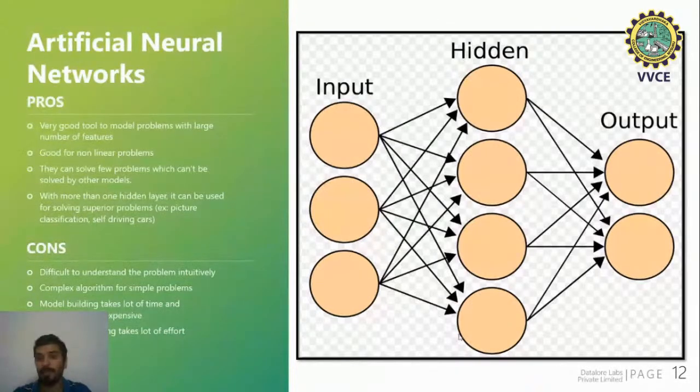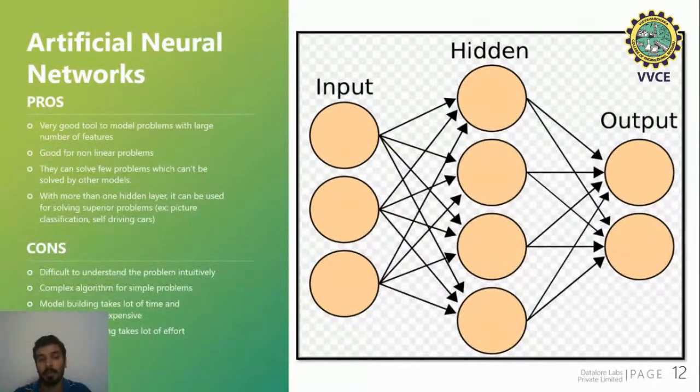Even with just one single hidden layer, it is able to come up with a complex decision boundary by combining the output of these individual logistic regression models. Just imagine what happens if you have more than one hidden layer. The learned pattern would be even more complicated, and this is the whole power of artificial neural networks. Because of this concept, it can be used to solve extremely complex problems.